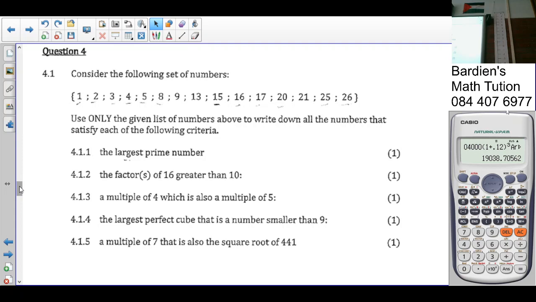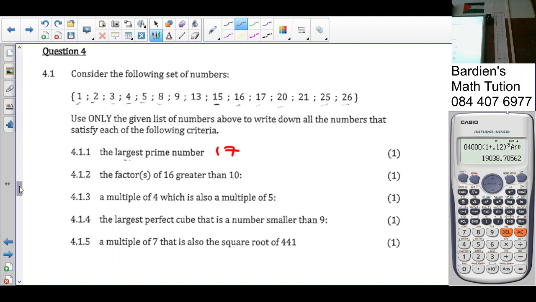Use only the given list of numbers above to write down all the numbers that satisfy each of the following criteria. The largest prime number. So if you look at this here, those are your prime numbers. Why are those your prime numbers? Because they only have 2 factors, namely 1 and itself. The highest is 17.